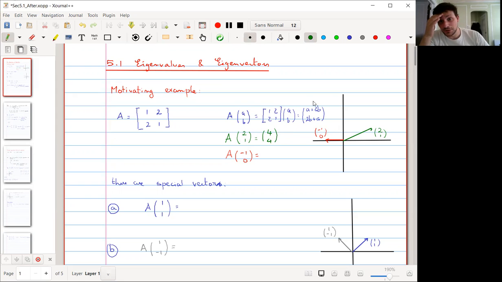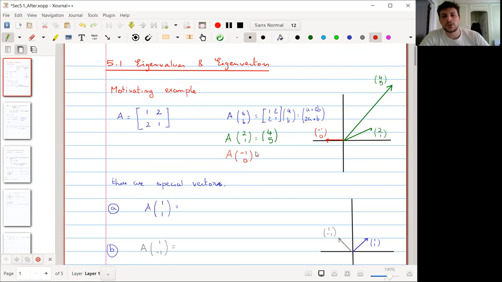A is 2 plus 2b makes 4. The second row is 2a plus b. Okay, now this makes sense, and this is a 5. If we were to plot this vector, we would have something like somewhere around there. That would be 4, 5.